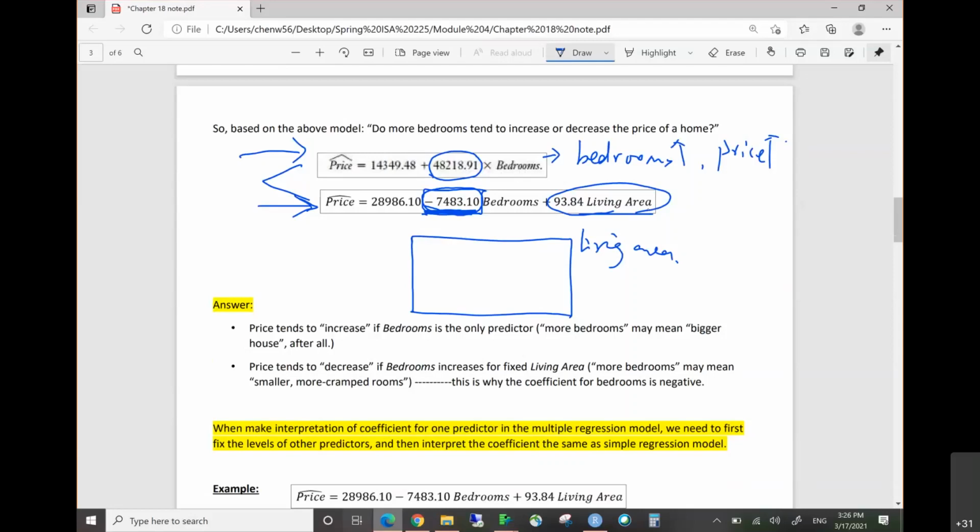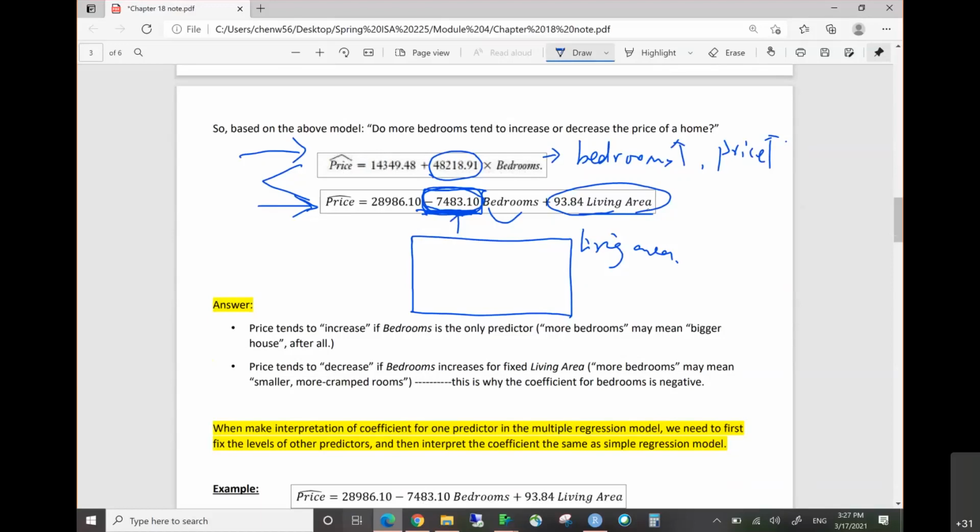That means you have smaller bedrooms, maybe very empty rooms, so the design of the house may not be good. So this value means that if the living area of this house is already fixed, then if you have one more bedroom, the house price will decrease by this much.